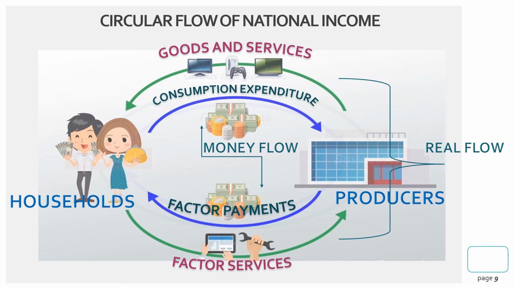So these two flows happen simultaneously. These exchanges happen simultaneously. And this is how national income flows between sectors. For simplicity's sake, we have taken just a two-sector model as you see here in the slide.